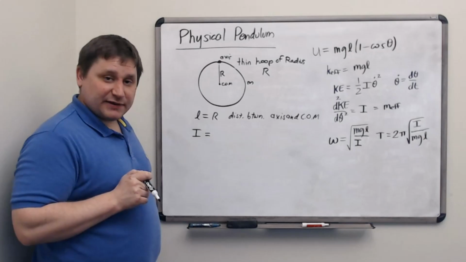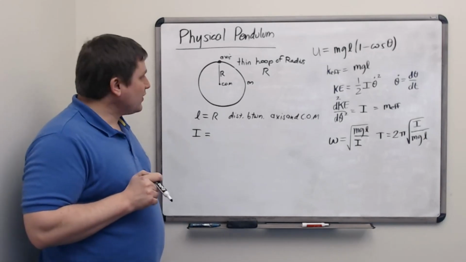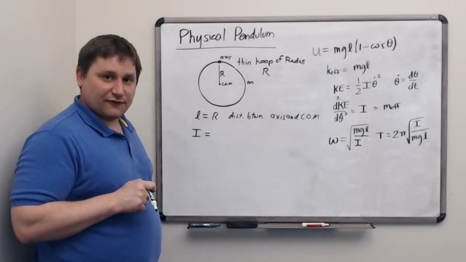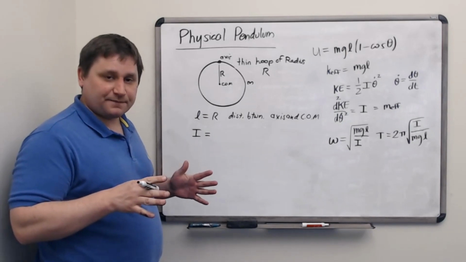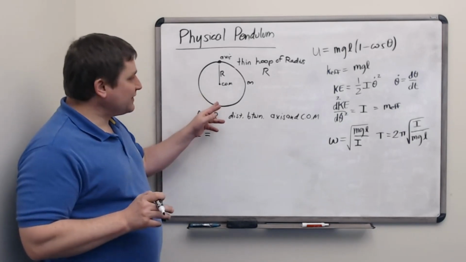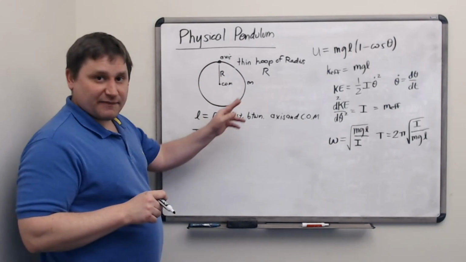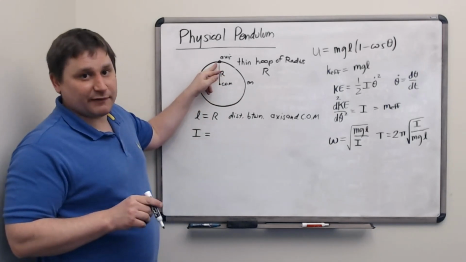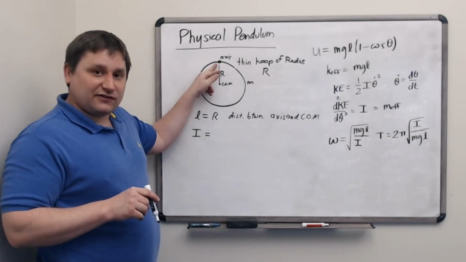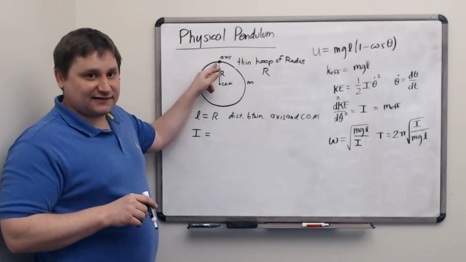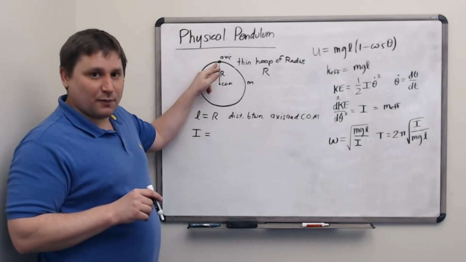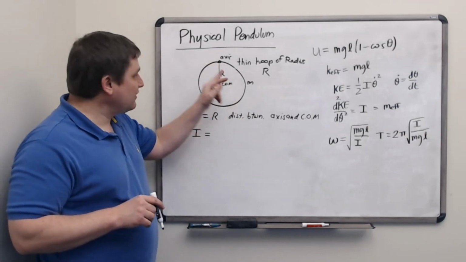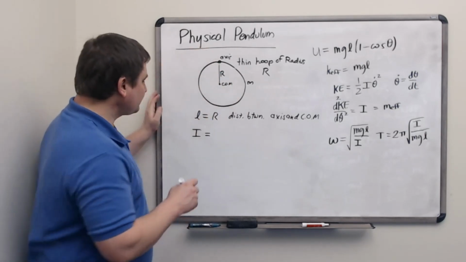Now let's be careful because we might know the moment of inertia for a thin hoop of radius r, but this thin hoop is not rotating about its center of mass, right? It's rotating about a point that's displaced from the center of mass. So we actually need to use the parallel axis theorem to get the correct moment of inertia for this object with this axis.